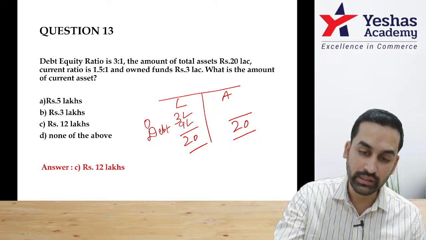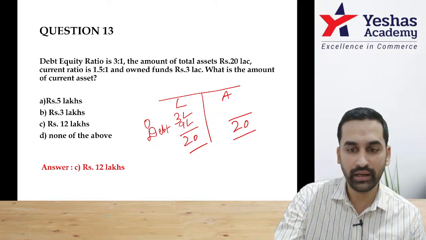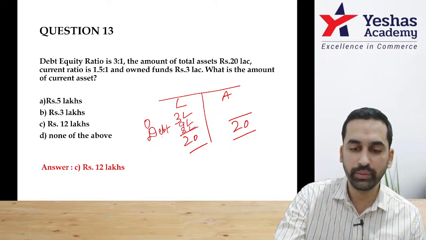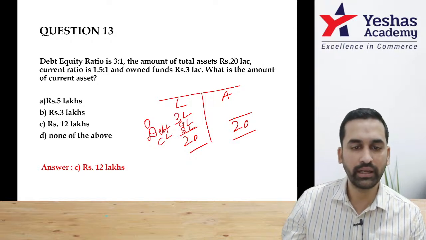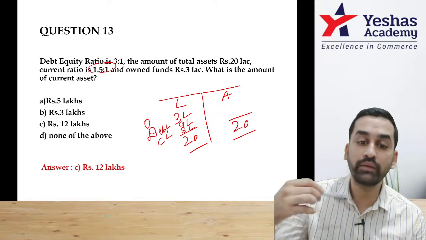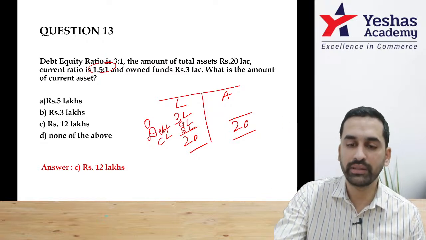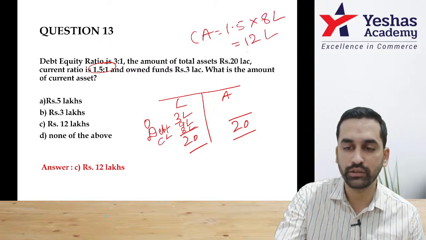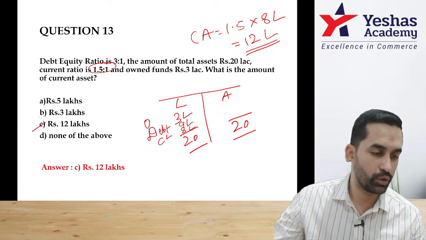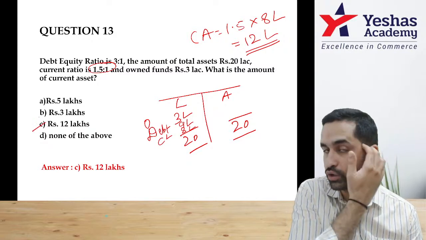Now, if this is 3 lakh plus 9 lakh, this is 12 lakh. Balance 8 lakh has to be current liability. And current ratio is 1.5 is to 1. That means current asset should be 1.5 times of 8 lakh. That means the final answer should be 12 lakh rupee. It's actually a good question.